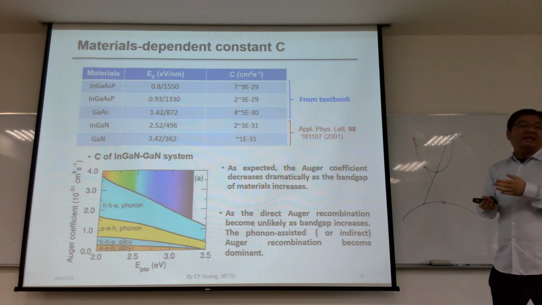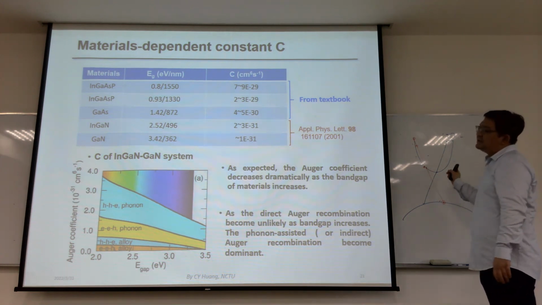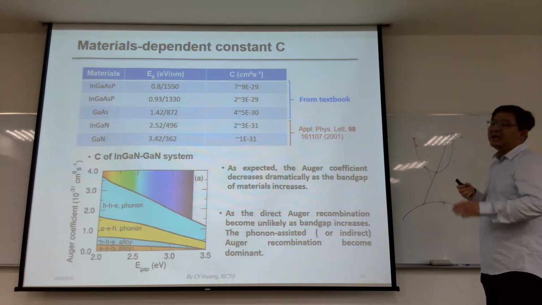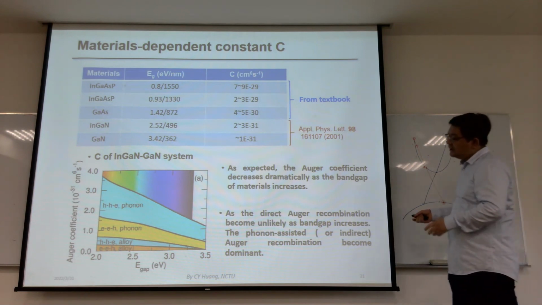So it's just like the case of the direct band gap and the indirect band gap. The phonon-assisted Auger recombination is actually unlikely compared to the direct Auger recombination.